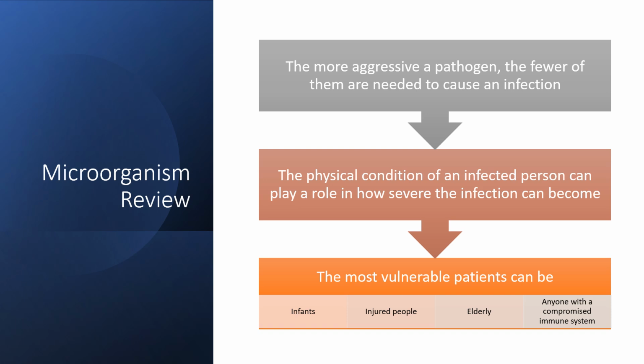So the elderly and the infants have a very low immune system. One hasn't really kicked in yet, and the other one's just slowly declining as you get older. If you are injured, you are already fighting to a certain degree wherever that infection or your injury is. So your body's already in high motion trying to heal it.